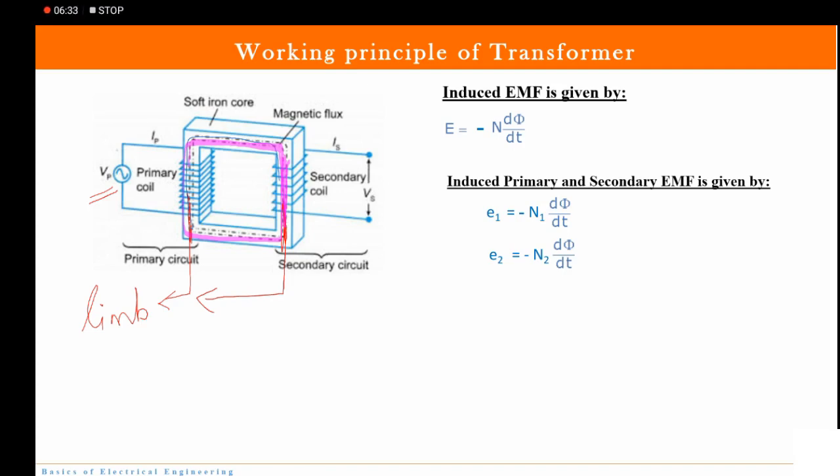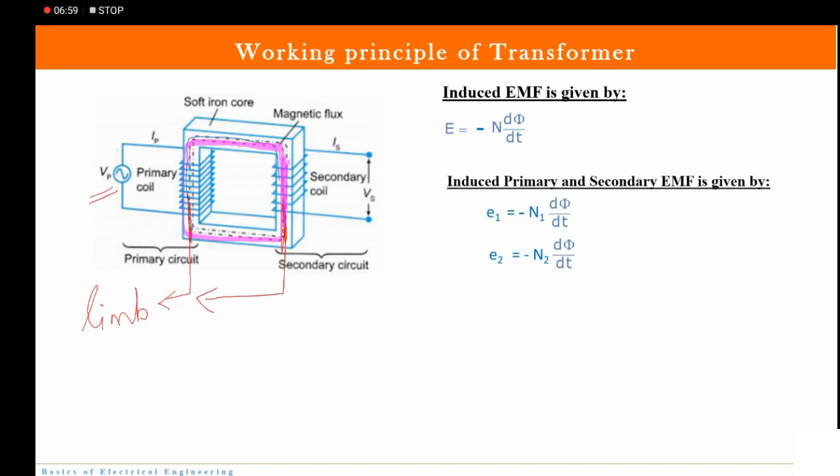See, you have to understand one point, that we are supplying input current, input voltage. But then this flux is alternating flux. So continuously it is changing, and some of the flux is again traveling and cutting the input or primary winding also. So there will be a voltage which gets induced in the primary also.